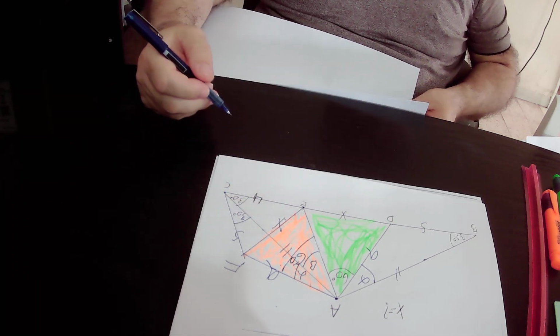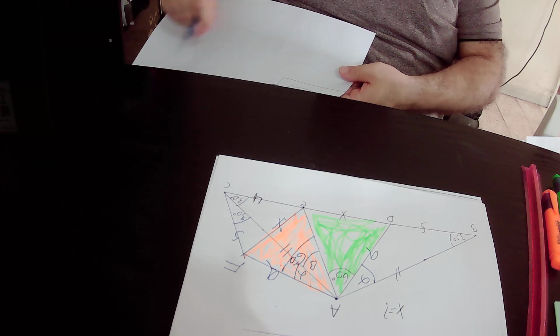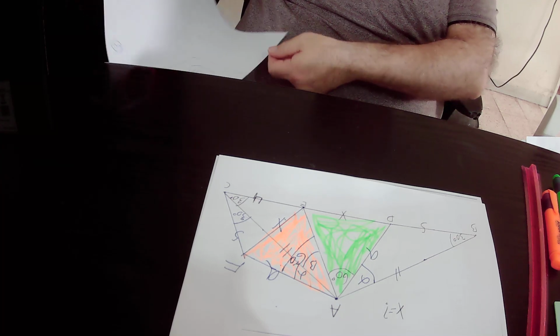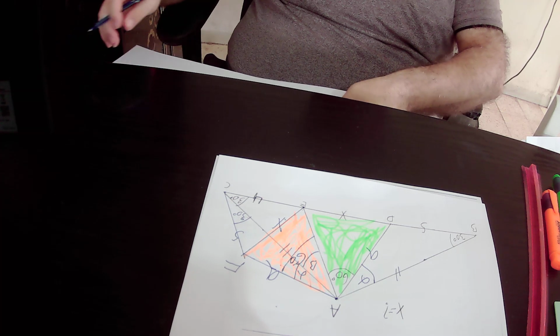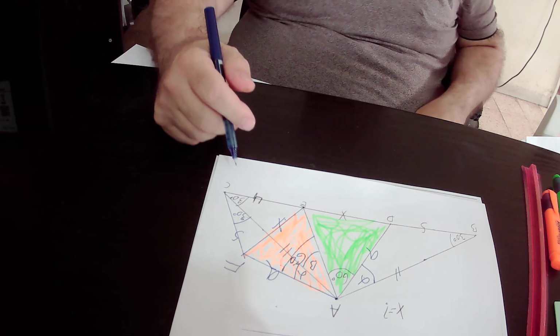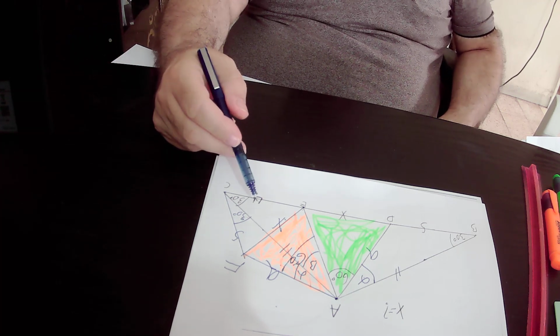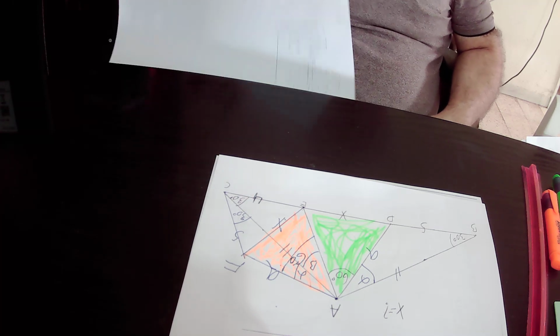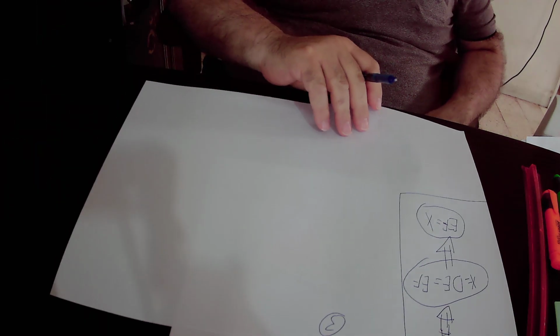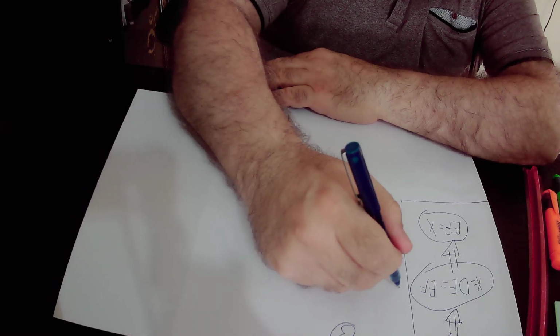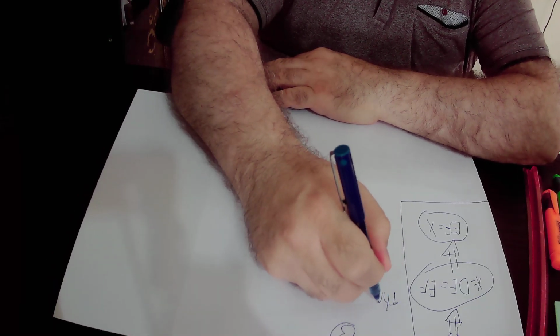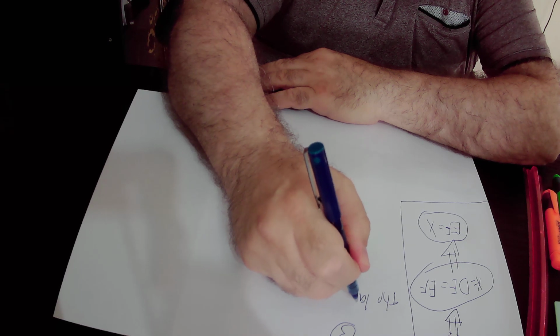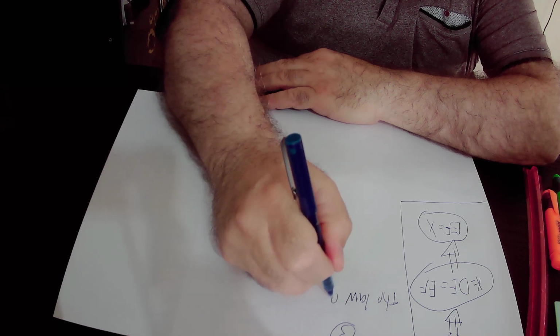In the next step, I will present to you the law of cosines, and we will implement the law of cosines in this triangle, triangle EFC. So, what is the law of cosines? The law of cosines is true in any triangle.